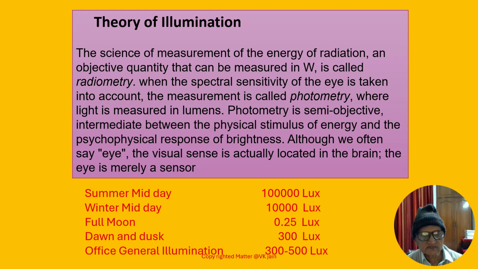It is something like 0.25 lux, and during dawn and dusk it is approximately 300 lux. For office general illumination purposes we have to get the illumination level up to 300 to 500 lux, 500 for drawing purposes.